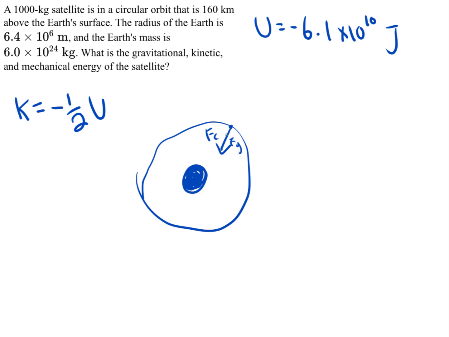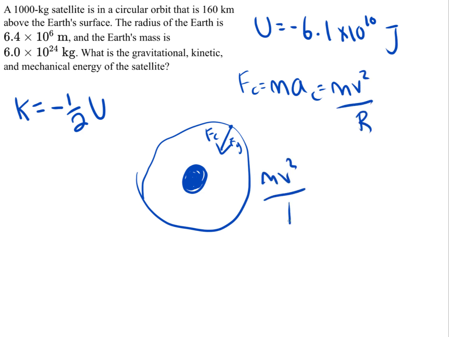So the centripetal force is equal to the mass times the centripetal acceleration, which is v squared over r. And then you can set that equal to the force of gravity, which is the gravitational constant times m1 times m2 over d squared. So it stems from this relationship here.